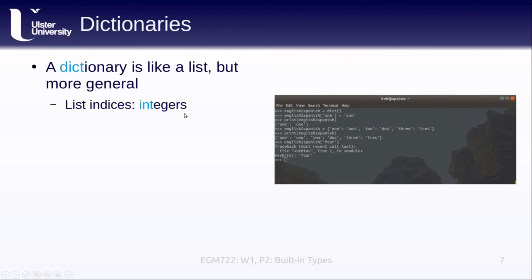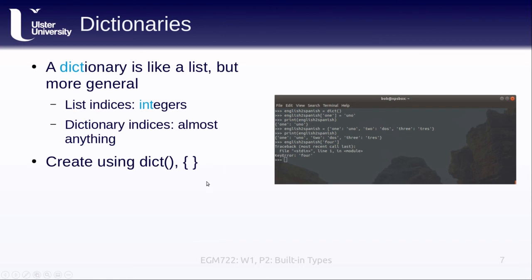When we're trying to access the individual elements of a list, we have to put in an integer value corresponding to that element's place in the list. Dictionary indices can be almost anything. So we have a much more general way of accessing the different elements or values within our dictionary.